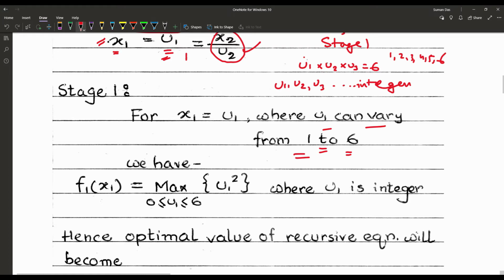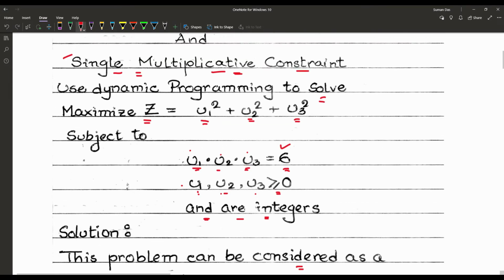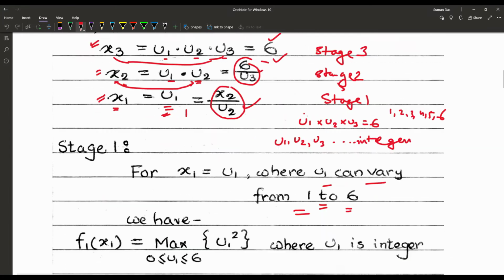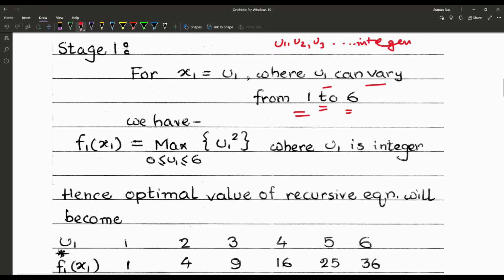Now according to the objective function, u1 square plus u2 square plus u3 square, we can write the first recursive function f1(x1) as the maximum over u1 from 0 to 6 of u1 square, where u1 is an integer.